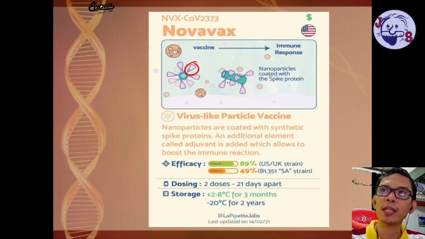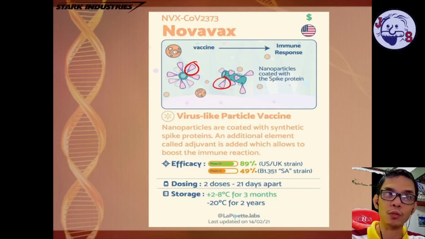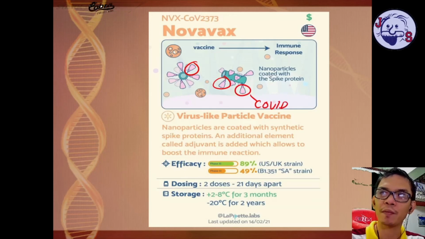Okay, so what is injected into your body is the spike protein itself, which is attached to some nanoparticles, which are coated by the protein itself. So these spike proteins that you have right here are from the COVID-19.